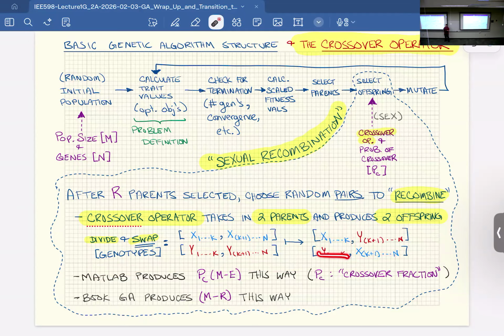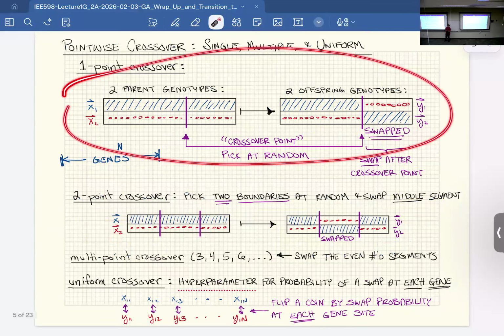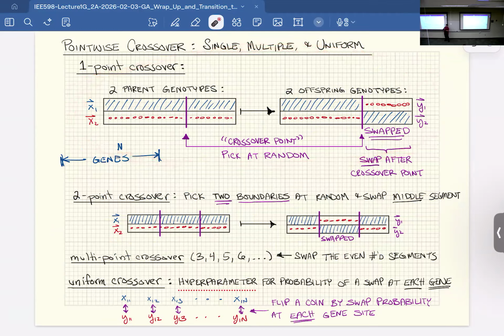The first half of parent two shows up in offspring two, the second half of parent two shows up in offspring one. And that's what we call single point crossover. That's what we talked about last time, this crossover point.